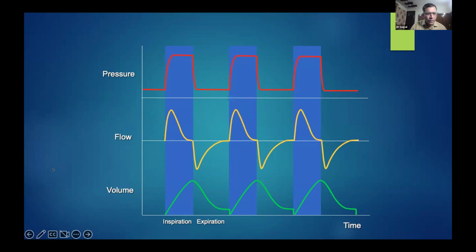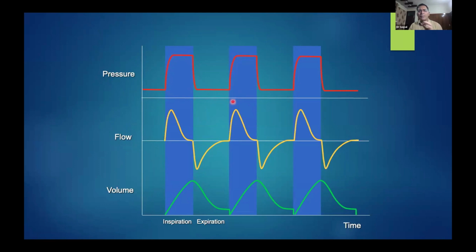This is a pressure-time graph. The x-axis will be time, the y-axis pressure. And mind you, pressure will always be slightly above the baseline. This is what is called PEEP. We'll discuss it again. There'll be an ascending curve, slightly flattening, and a descending curve. Again, there'll be a phase of no ventilation or minimal ventilation, and then flow.